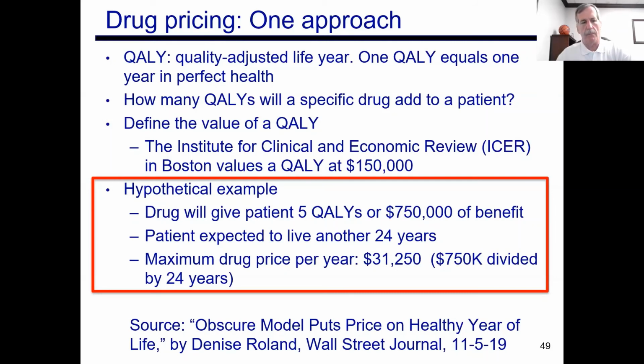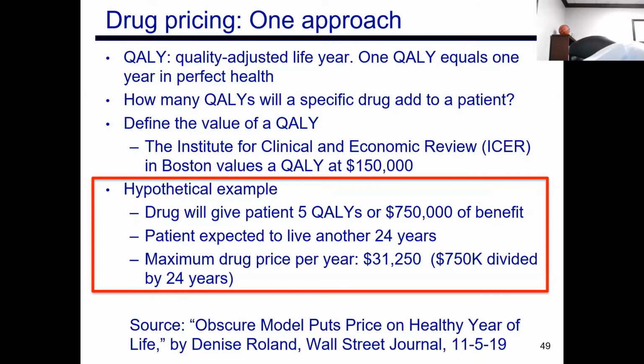We would be guinea pigs taking surveys on whether this person with this profile has a higher value to society than that profile. But here the concept of a QALY is how you arrive at the value of a drug. And here's just one example that was pulled from the Wall Street Journal.